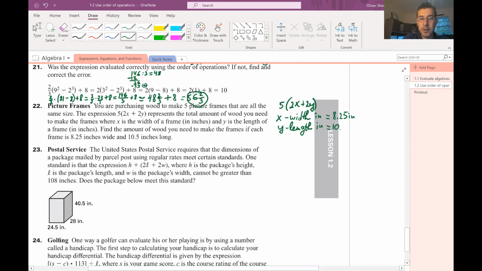This is 10.5 inches long. So all we have to do here is substitution. We substitute 8.25 for x and 10.5 for y.